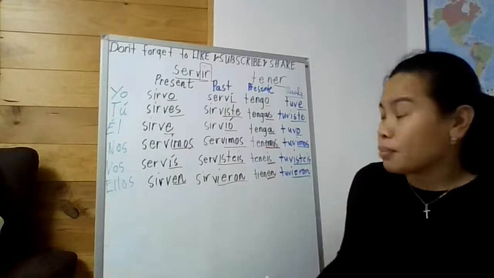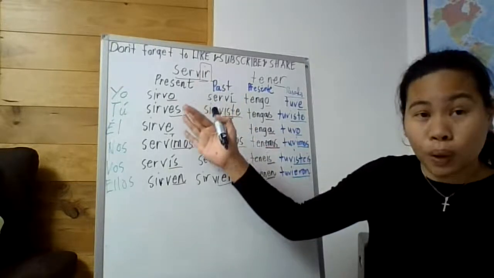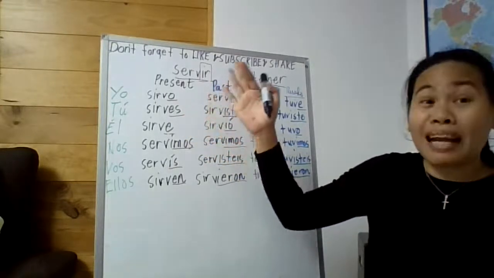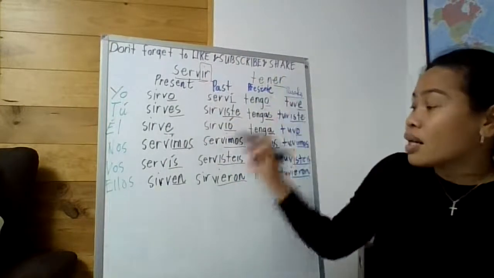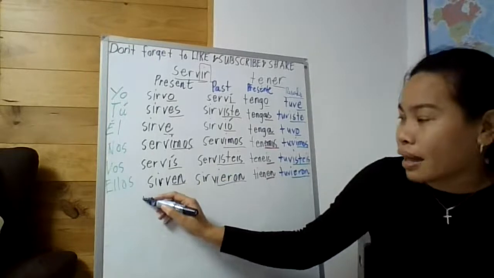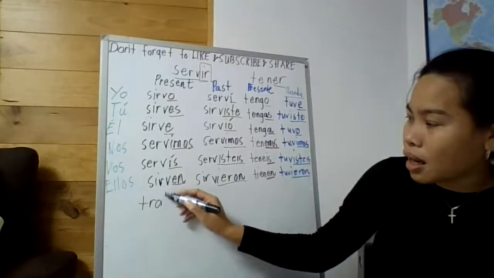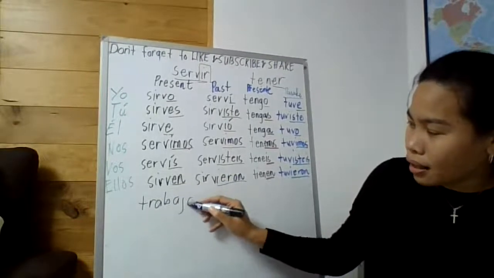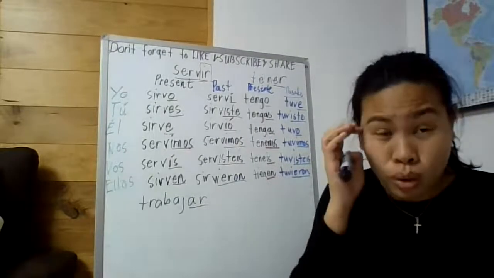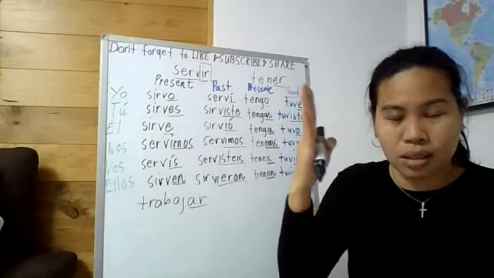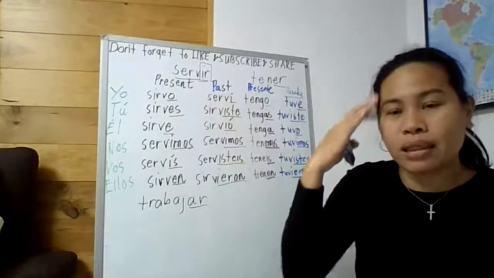Okay, so for example, the verb trabajar. We have IR, we have ER. Let's have trabajar, AR, so that you can see the difference. So try to list the verbs in different endings.